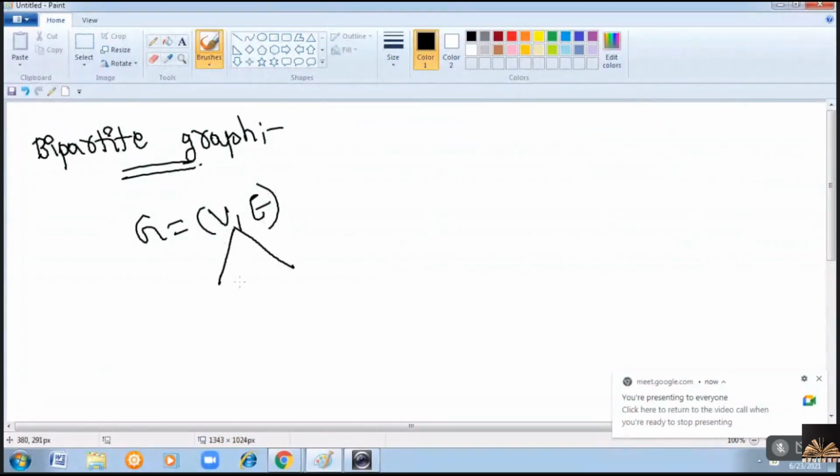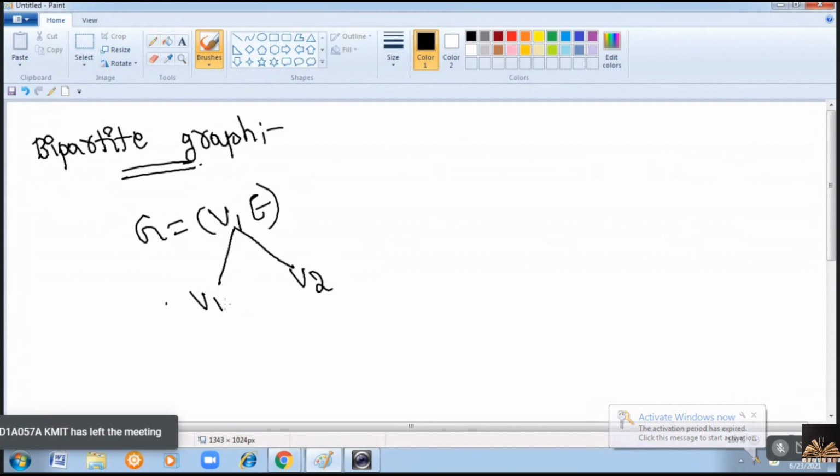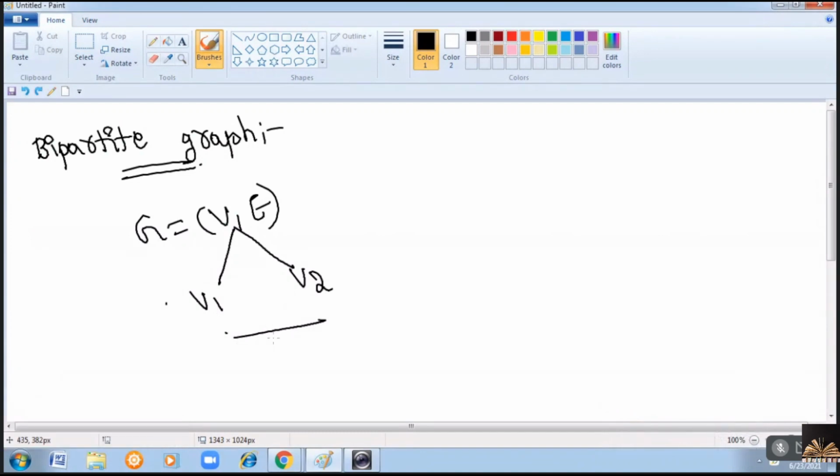Now this set of vertices, if you divide it into 2 groups, such that every edge in the graph connects a vertex in V1 and a vertex in V2, and no edge should connect 2 vertices in V1 only, and no edge should connect 2 vertices in V2. One vertex should be present in V1, one vertex in V2.